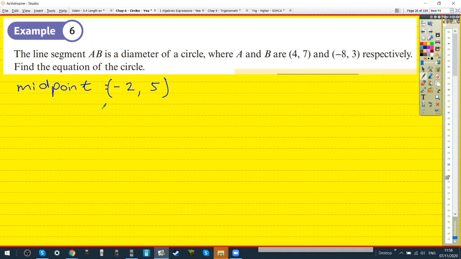And then it doesn't really matter if you use 4, 7 or minus 8 and 3 when you're using Pythagoras. It doesn't matter which of the 2 coordinates you use. I'll use 4, 7 then.